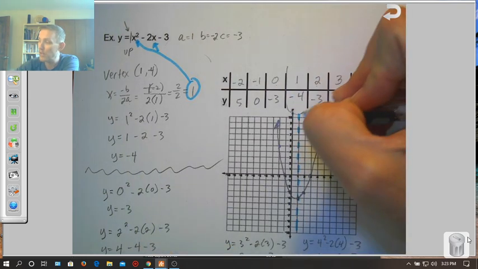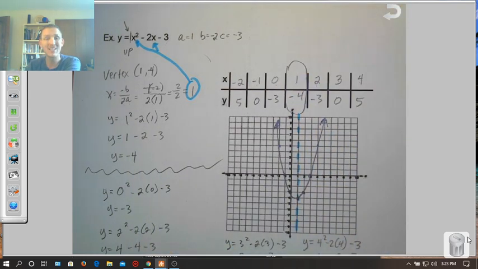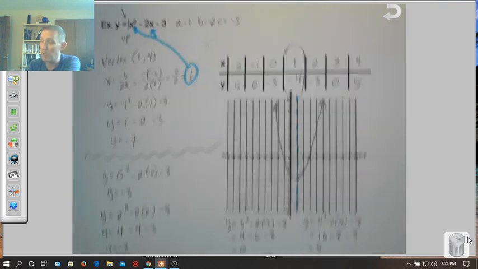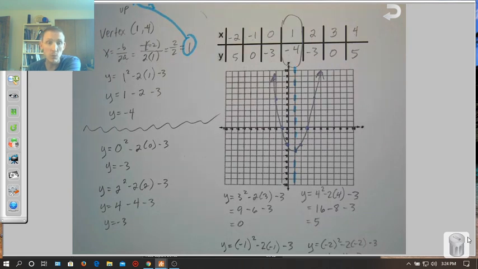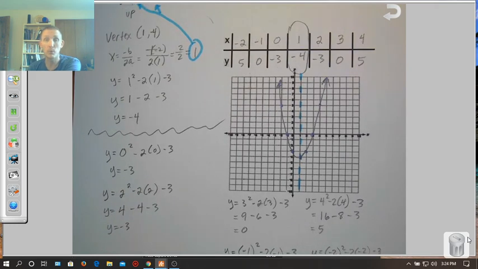I'm going to put the vertex in the middle, because I have symmetry growing out from both sides of the vertex. And then I'm going to pick points to the left and to the right of that vertex, and I'm going to plug them into the equation, and I'm going to solve. Now, I did this without a calculator, but as long as you're careful, the calculator can help you with these calculations, so you can then fill in the rest of the table to plot points and graph your parabola.